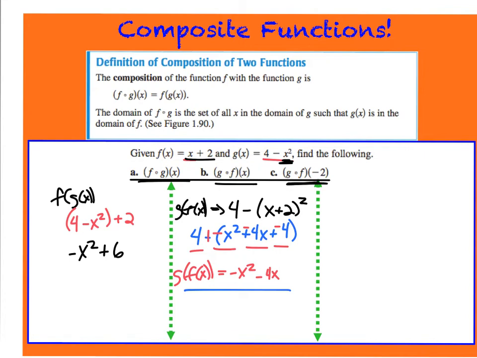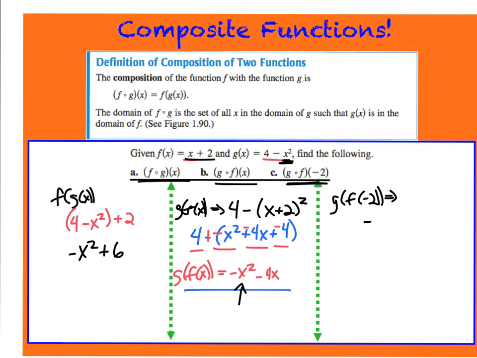Now, let's look at this next part. I have g of f of negative 2. What do I do here? Ooh, easy there. I had breakfast. What do I do? Ooh, I substitute in negative 2 in for x. So if I do g of f of negative 2, I substitute in negative 2 in for x right there.